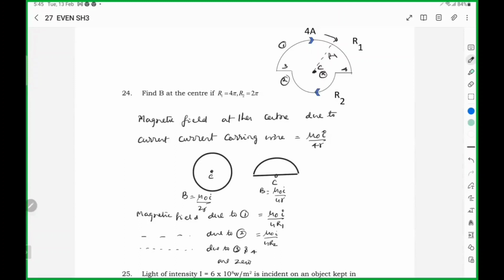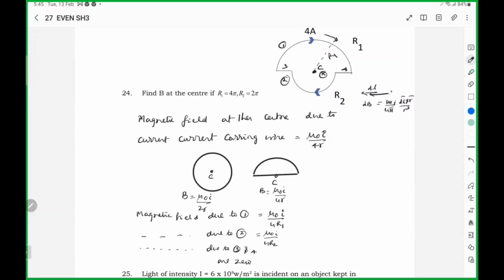Here dl bar and r bar are in the same direction. So by Biot-Savart's law, magnetic field will be mu naught by 4 pi I dl bar cross r bar by r cube.